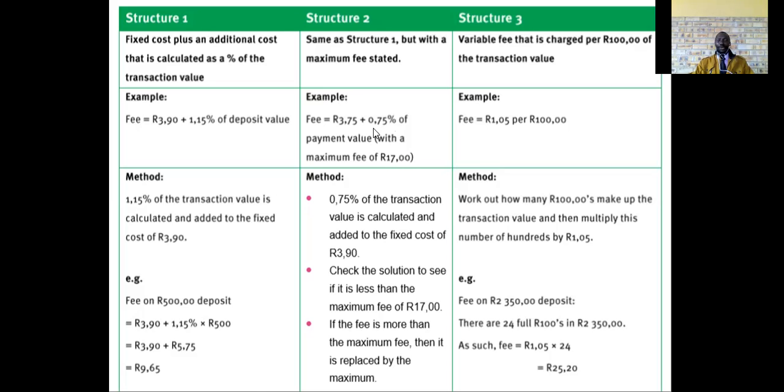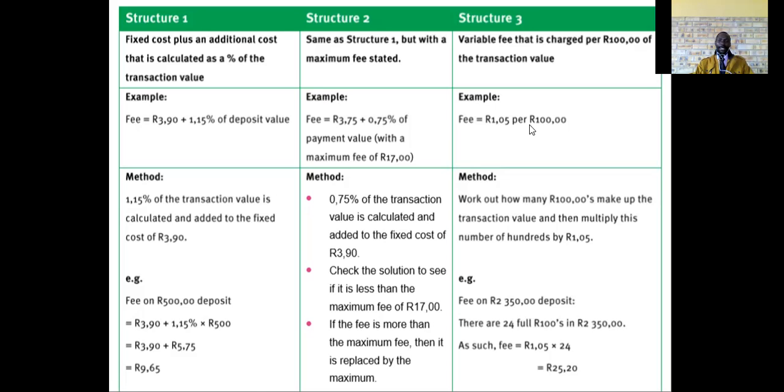Then later, they will also charge you 0.75% of the amount of money you're paying, but it will not go beyond 17 rand as their charges. And here also, they have another case where the fee is 1.05 for every 100 rand that was used in the transaction.